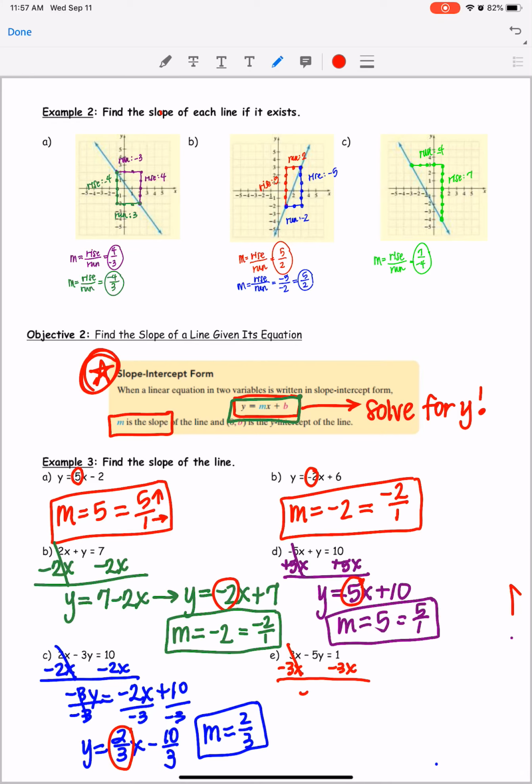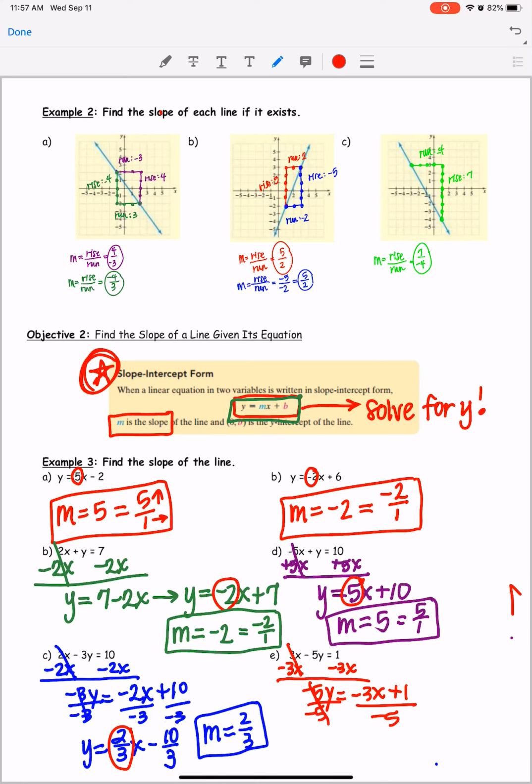So I'm left with a -5y, don't forget that minus in the front, minus 5y equals, I can't combine these, they're not like terms, so put them side by side, but we want the x first. So I get negative 3x, since negative 3x here. 1 is positive, so plus 1. Y is still not by itself, so the opposite of negative 5 times y is to divide by negative 5. So those cancel.